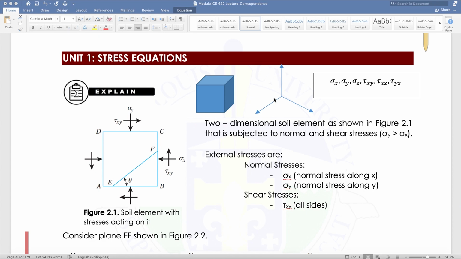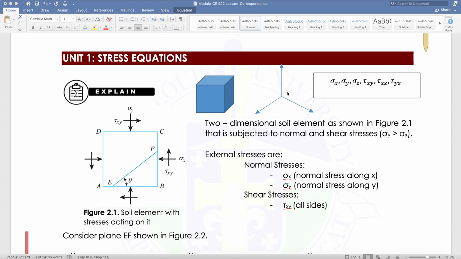If we are to analyze a three-dimensional soil particle, we have a normal stress along the x-axis, normal stress along the y-axis, normal stress along the z-axis. We also have shear along the xy, xz, and yz axis.